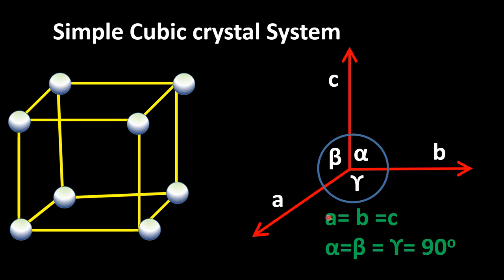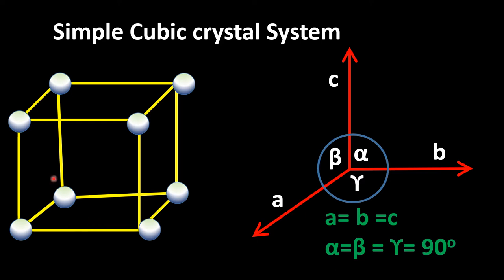So in this structure, all 3 axes have equal length. That is, A is equal to B is equal to C. All 3 axes are equal in the cubic crystal structure, and all angles, that is angle alpha, beta and gamma, are 90 degrees.